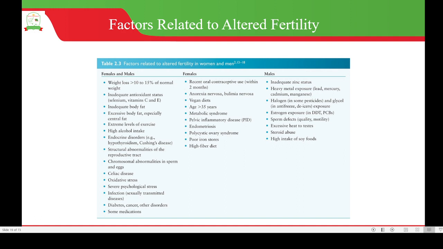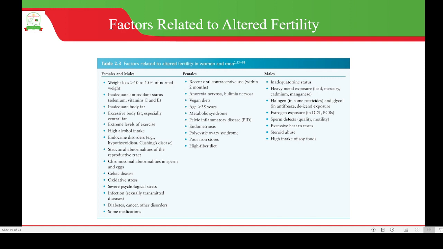Structural abnormalities of the reproductive tract. As I earlier said, there are some women whose uteri are abnormally small and they are not able to hold a pregnancy. Chromosomal abnormalities in the sperms and eggs. There are some sperms that are malformed, some are not able to swim, others do not have tails. So these abnormalities may cause altered fertility.